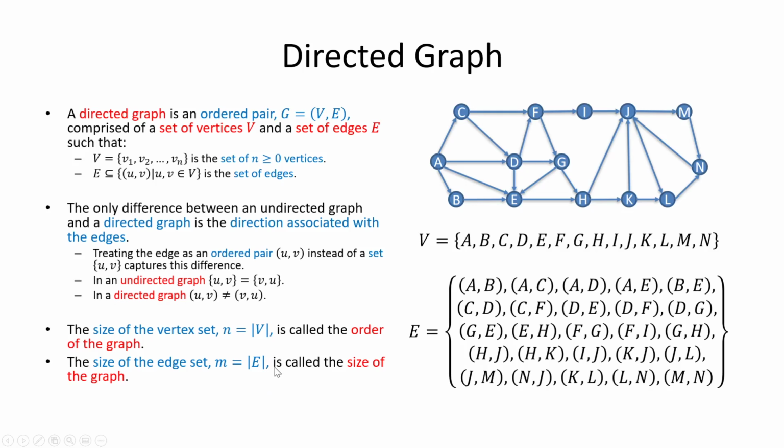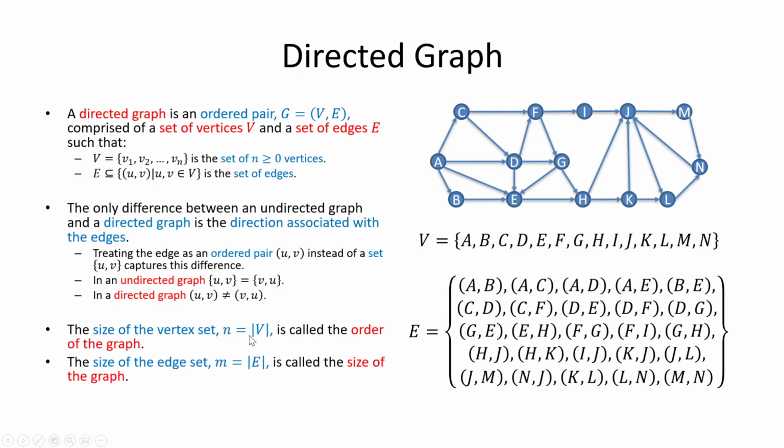Now, this is because when we get into analysis, we have to be sensitive to which size we are talking about. If we say n log n, what do we mean? Is that n the size of the vertex set, or the size of the edge set? That's going to depend on our algorithm. So I want to be clear here that usually we use n for the size of our vertex set and m for the size of the edge set.